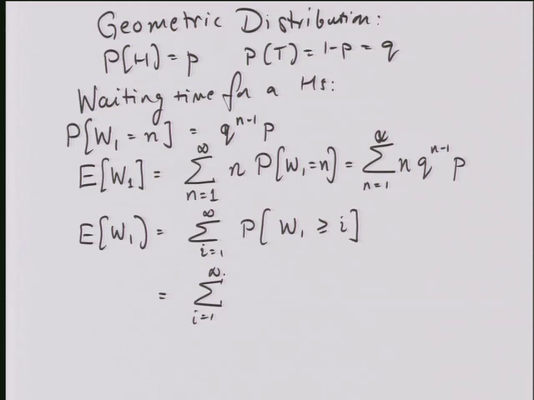The least that must happen is that the first i minus 1 are tails, and then you might stop at i because you got a heads. But that's the first time you could possibly have gotten a heads. You may not yet, because we are saying it's greater than or equal to. So this is just q to the power of i minus 1.